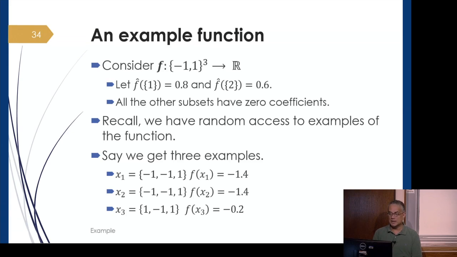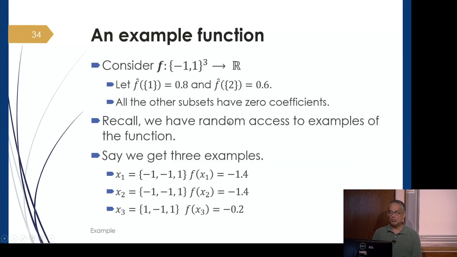To simplify the example, we are giving values to ourselves. So let's say that f is a function on 3 inputs, and let us say that, as I said, if somebody were to magically give us f hat, let's say the subset 1, subset 2, those were the values, and all the other subsets in this particular case had 0 coefficients.